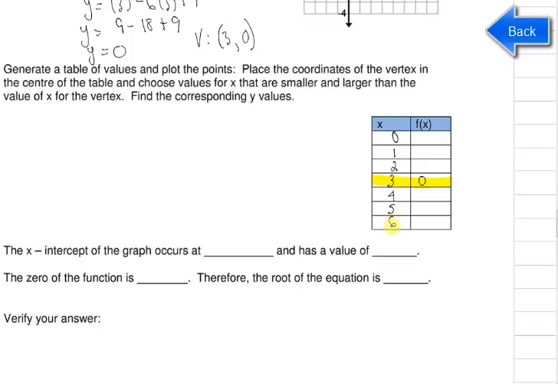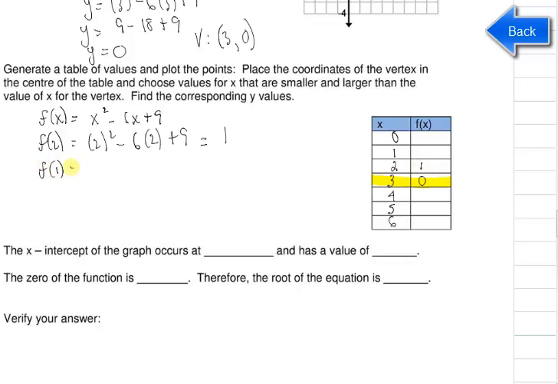I'm going to go back to using my function, and I'm going to write it as f of x this time. And I'm going to go to my table, and I'm going to find what f of 2 is. So plug in 2 for x, and you find that you get 1, and so you have a point at 2 and 1.